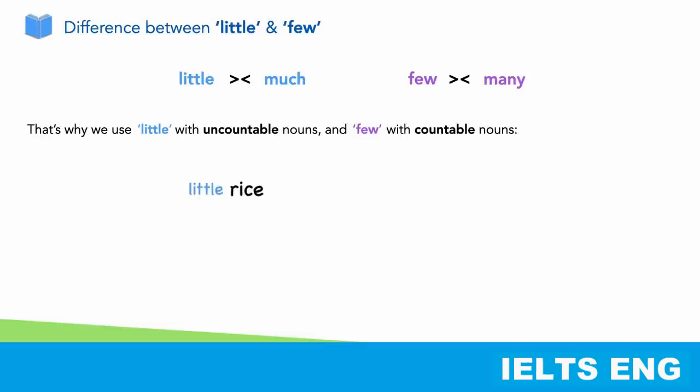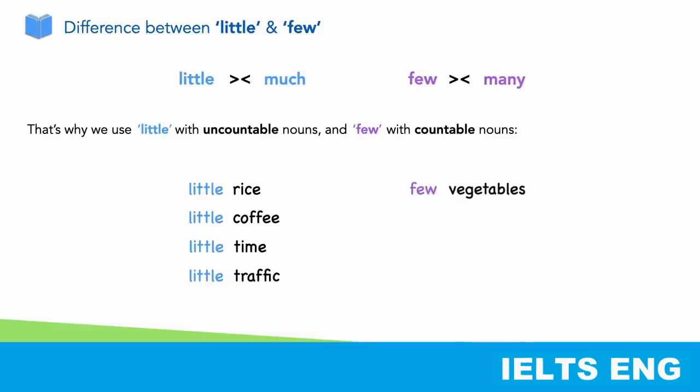For example, little rice, little coffee, little time, little traffic, but few vegetables, few questions, few children, few people. Remember that children and people are irregular plural nouns.